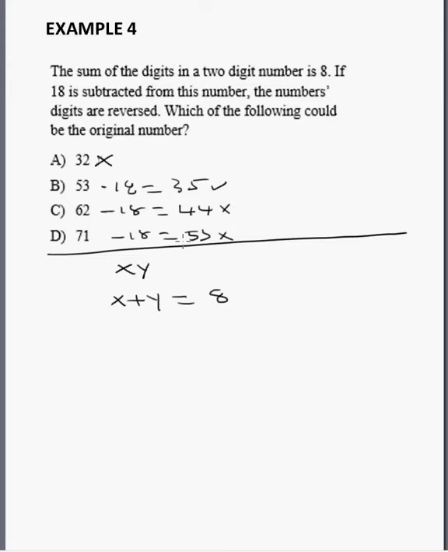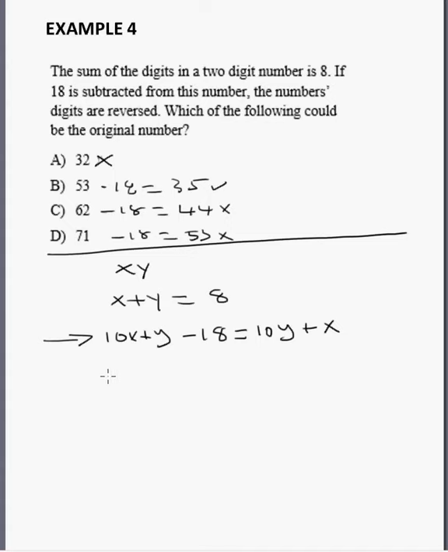If the number is xy, then the actual value of the number will be 10x plus y, because this will be the tens digit and this will be the units digit. So 10x plus y, when you subtract 18 from it, the answer will be equal to yx, which means it's going to be 10y plus x. Do you see that? If you don't see this, you can never solve this algebraically. You have to see it this way.